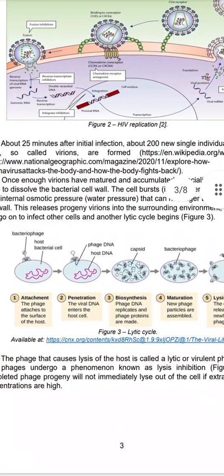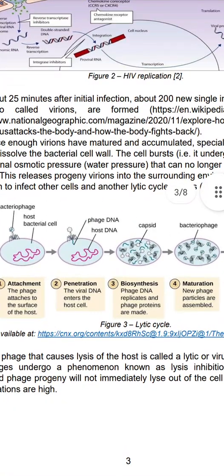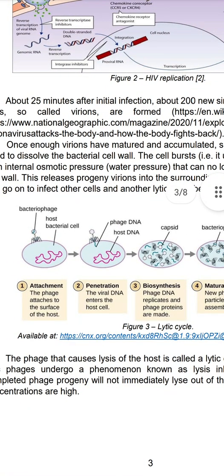The first step is the attachment of the bacteriophage. We have a host bacterial cell, and the phage attaches to the surface of the host. Penetration: the viral DNA enters the host cell.